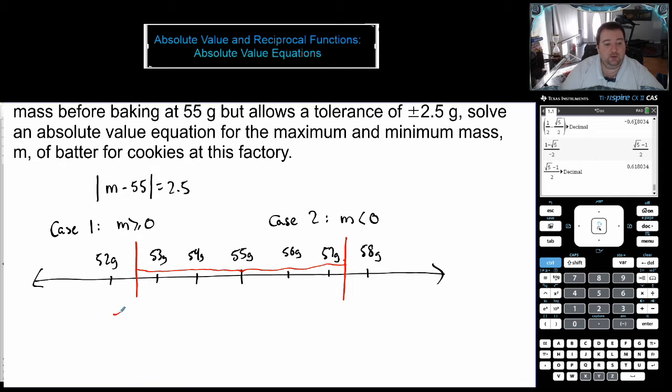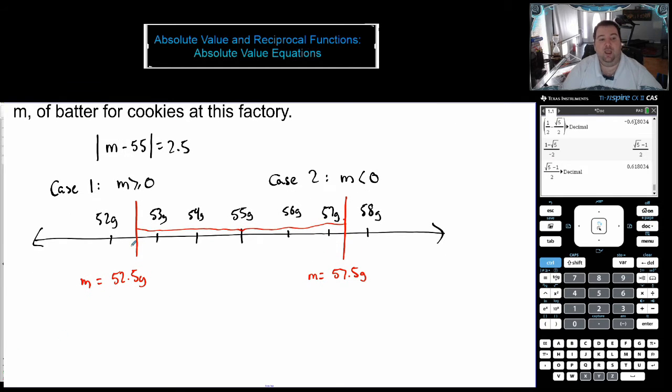It's actually going to be 52.5 grams. And what's the upper end of it? It's going to be 57.5 grams. Okay, so M can be that or M equals that. And of course, we're talking about cookie mass here.